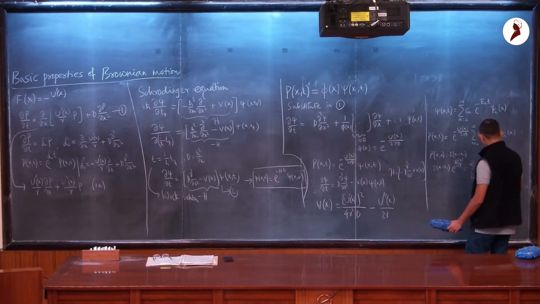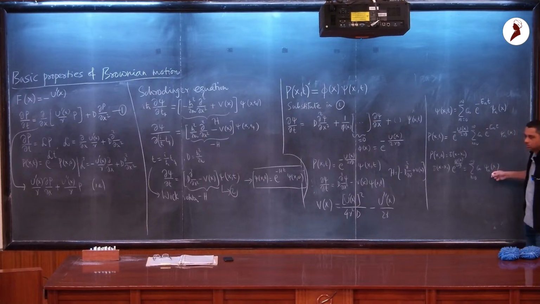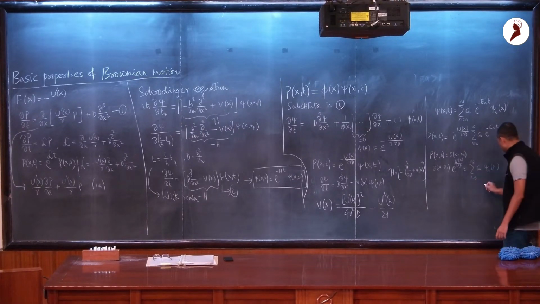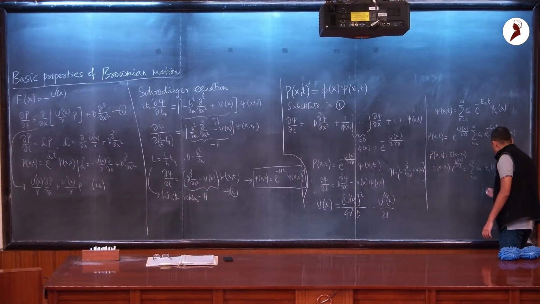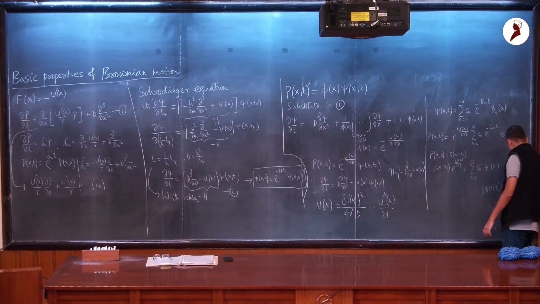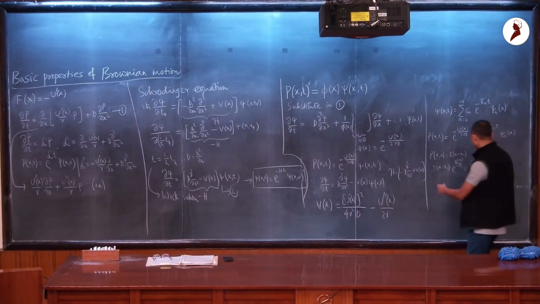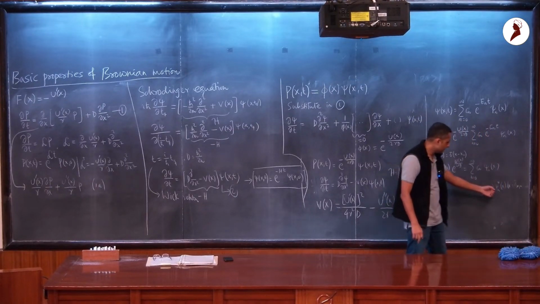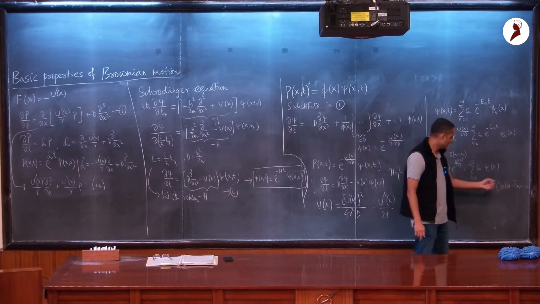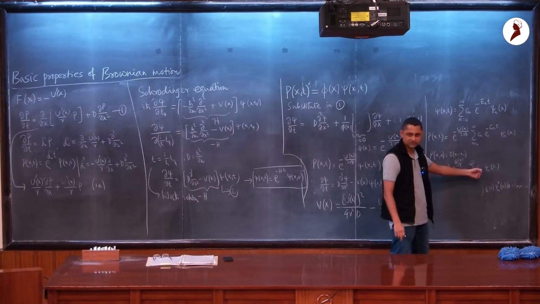of x. But for psi n we know the orthonormality, psi n and psi m star. So what we have is that the integral of psi n x psi m star x dx is delta mn, right? So therefore, if I multiply by psi m star and then integrate this, I get c.